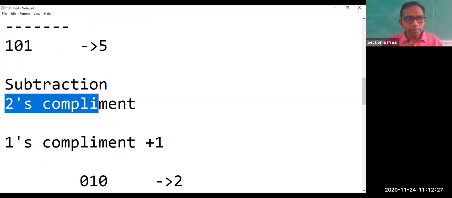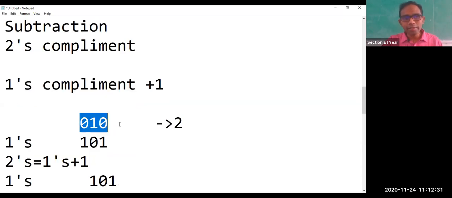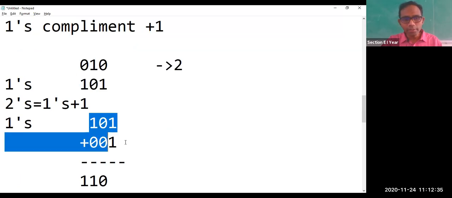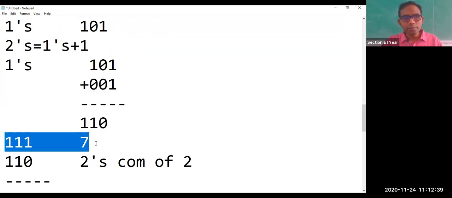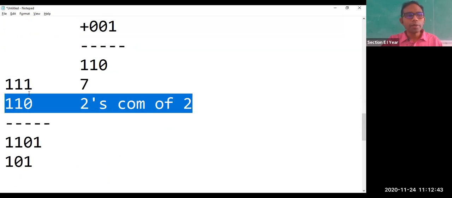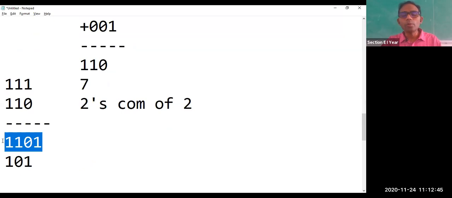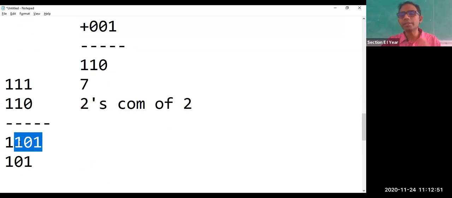What is 2's complement? 1's complement plus 1. 1's complement means converting 0 to 1 and 1 to 0. Then add 1 to it, and you get the 2's complement. So this is the given input: 7 and the 2's complement of 2. Then perform addition. If you get more digits, take only as many digits as there are, here 3 digits.